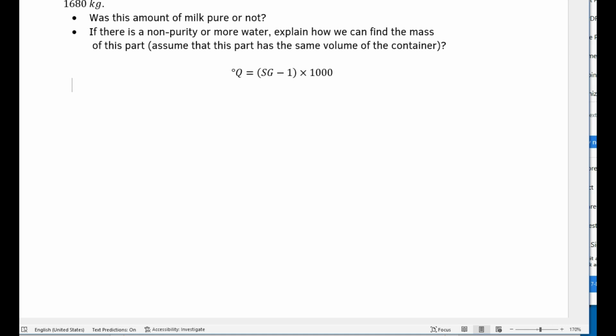In this case I want to find the SG itself, which is equal to the QVNU units divided by 1000, plus 1.